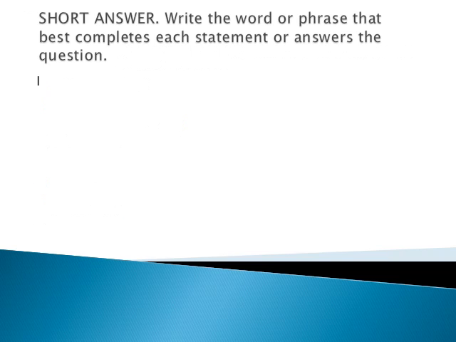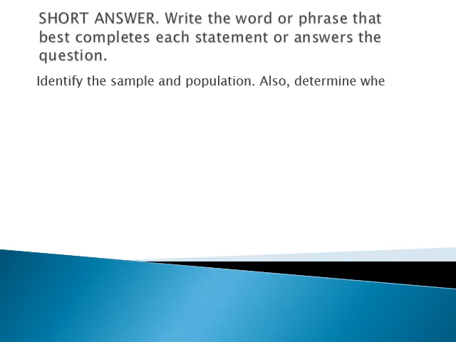And the other question is about how you can tell whether something is asking about a sample or a population. We have to identify whether the question is asking you about a sample or a population.